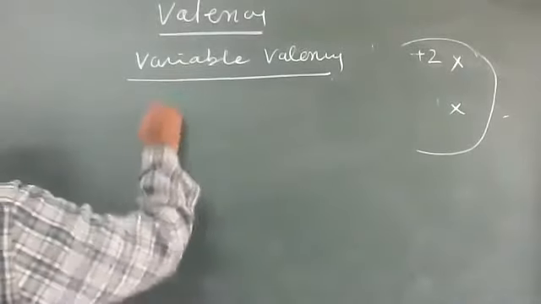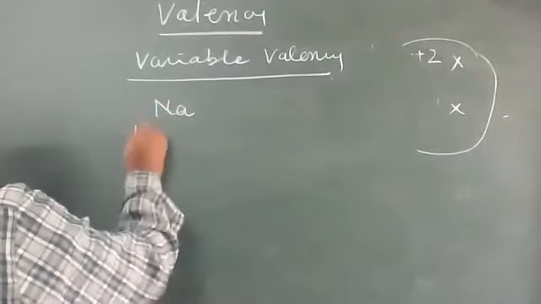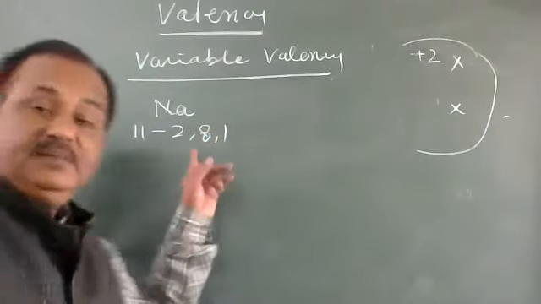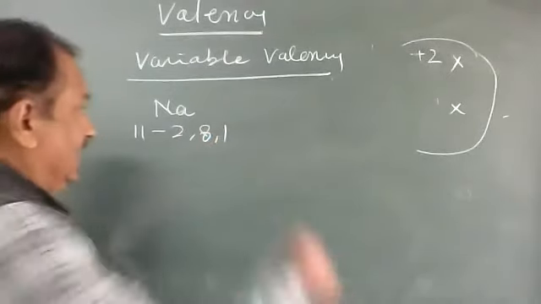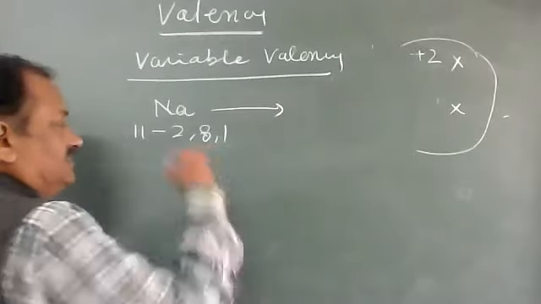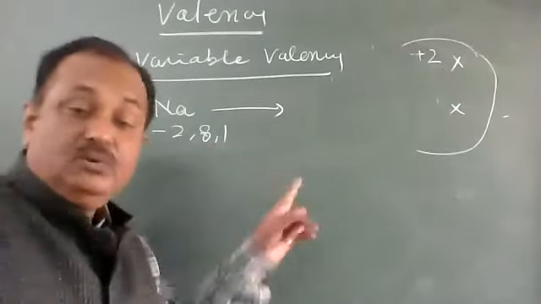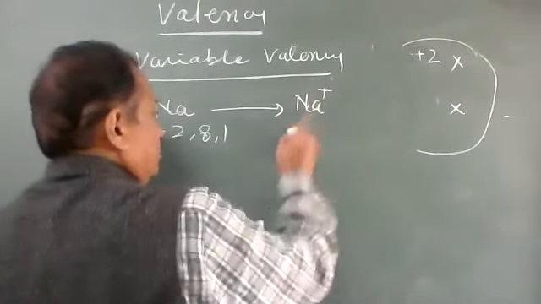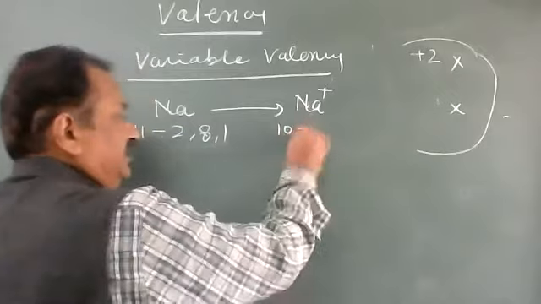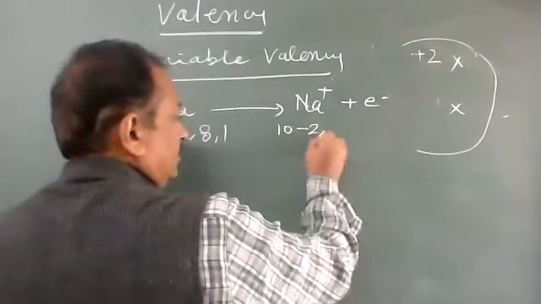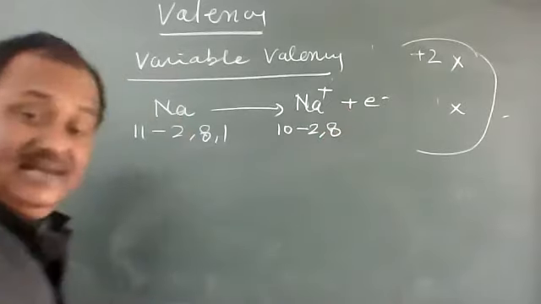See, sodium: atomic number is 11, configuration 2, 8, 1, and so its valency is 1. It will lose 1 electron, forming a sodium ion, with configuration 2, 8.